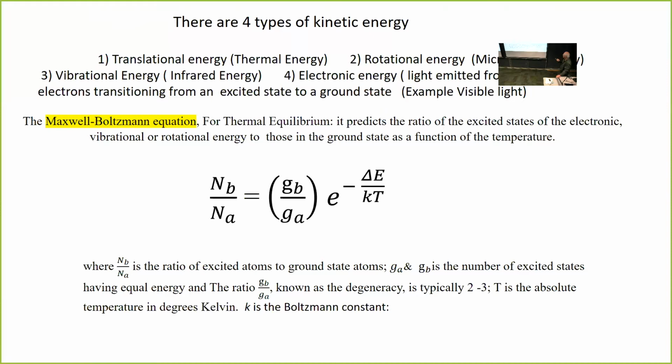So right here, that's in degrees Kelvin. So this is your ground state. This is your excited state. So it says that when there's excitation of CO2, this is going to get excited more as you get increased temperature. And this predicts how much it will be excited.